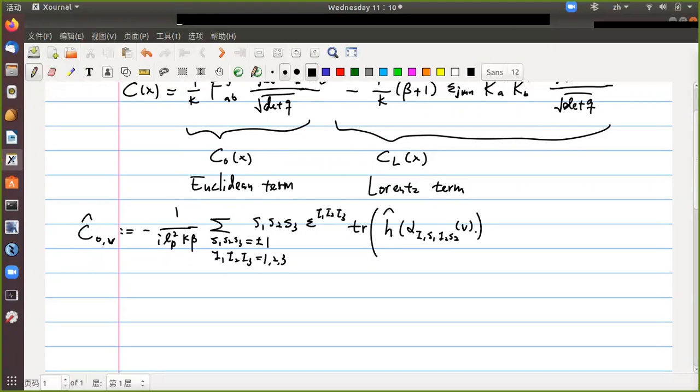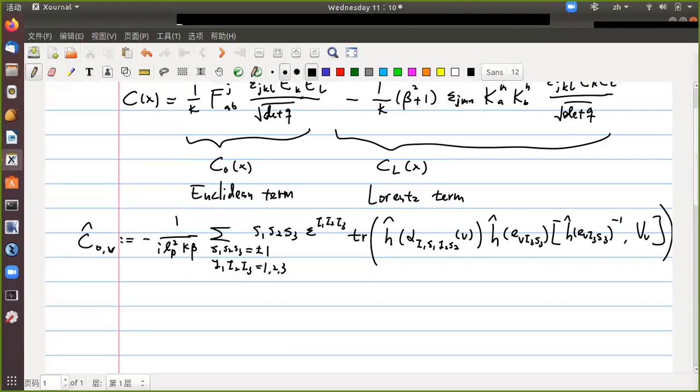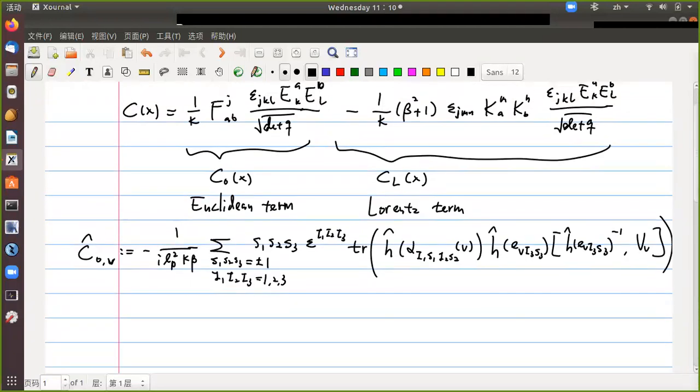And then there's this H H V term. Okay, so this is the quantization of the Euclidean term of the Hamiltonian constraint.